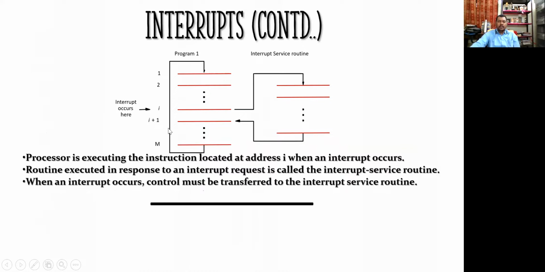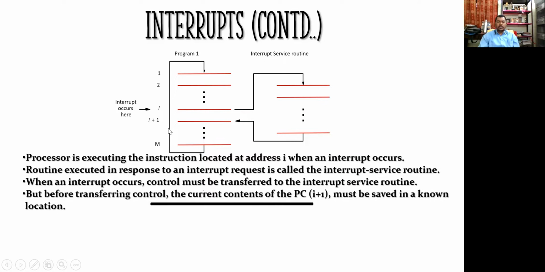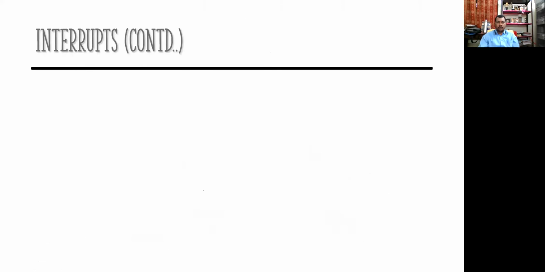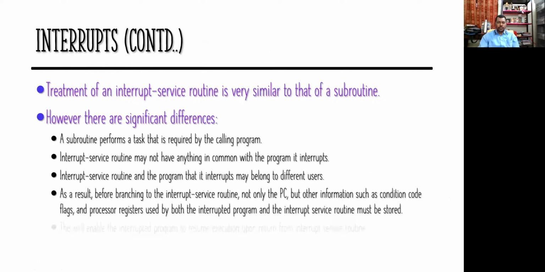And before doing that, the data such as the program counter and the other registers used by the interrupt service routine are to be stored somewhere first, and only then is the signal sent to that interrupt service subroutine. So these are some more parameters.